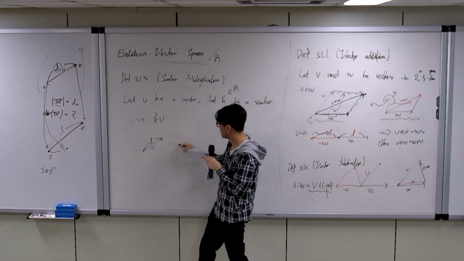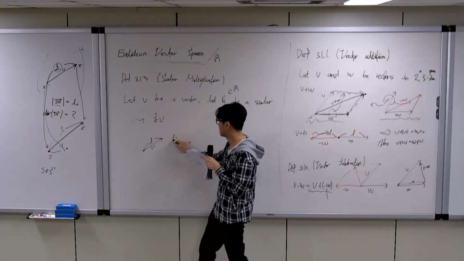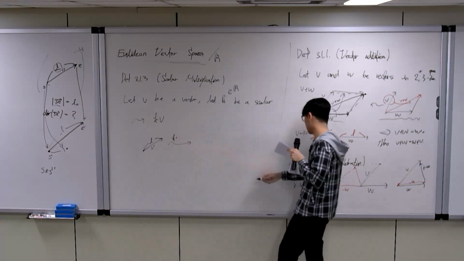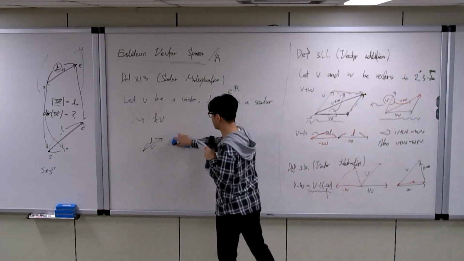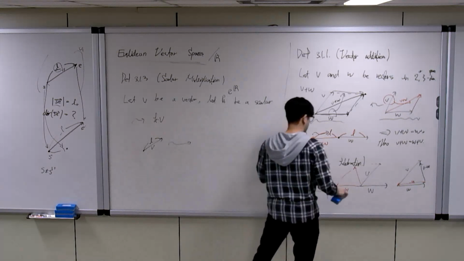And if we multiply k to v, it will be a left action.